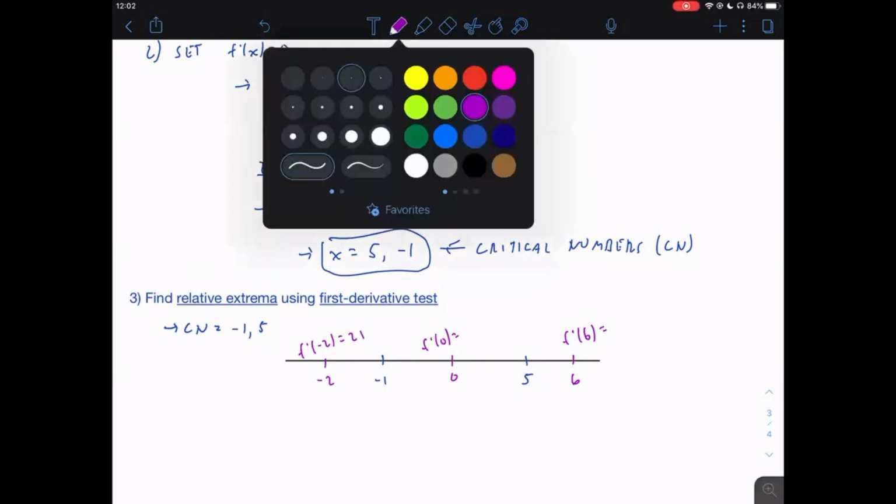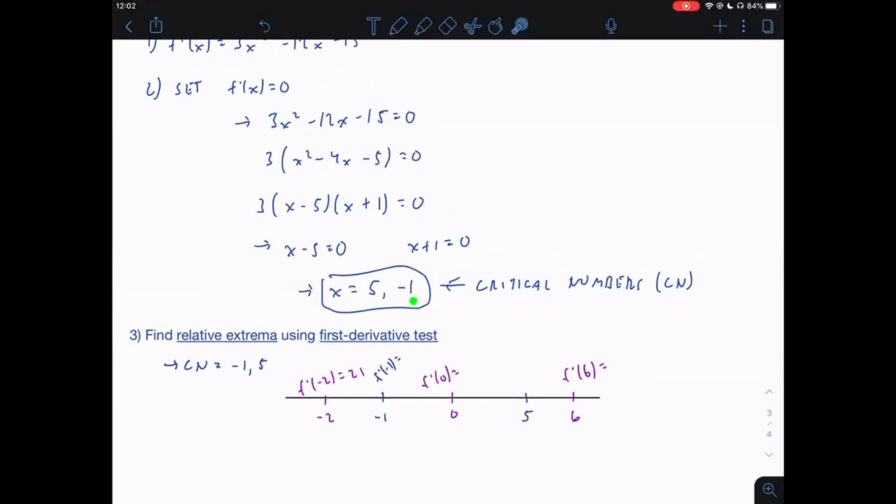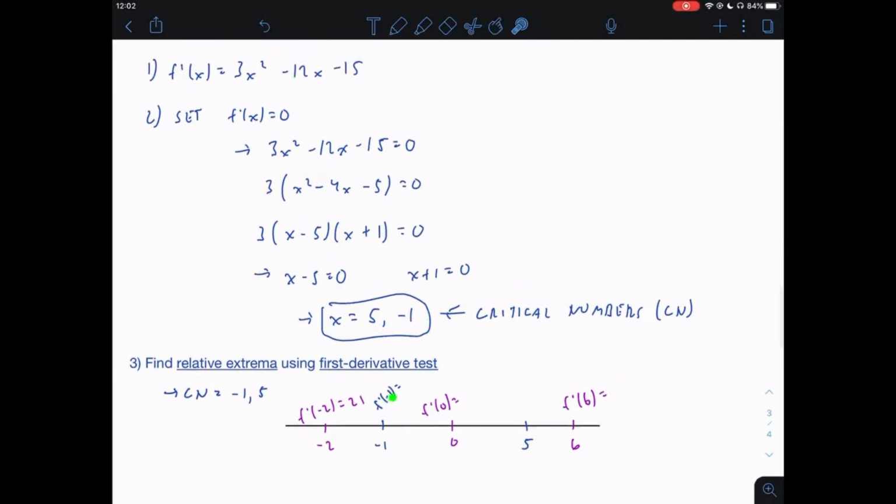Okay. Now, at negative 1, if we were to plug in negative 1 into our first derivative, since negative 1 is a critical number, which is what we got for the zeros of the first derivative, then plugging in negative 1 back into our first derivative is going to give us 0.